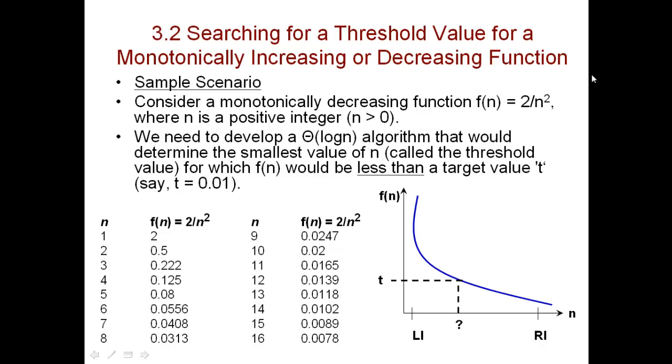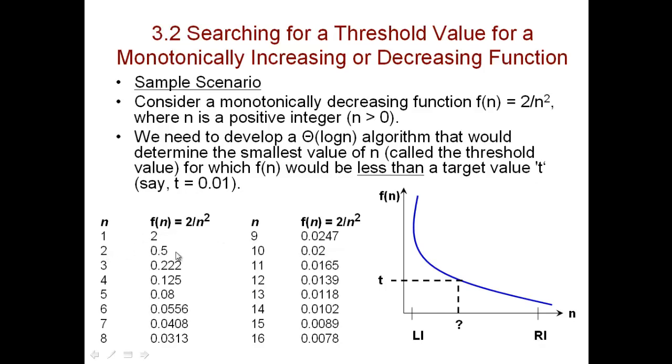You may not know what monotonic increasing or decreasing means, so here is an example. Let us pick a function f(n) = 2/n², where n values are greater than 0. As n increases starting from 1, f(n) is 2/1², which is 2.